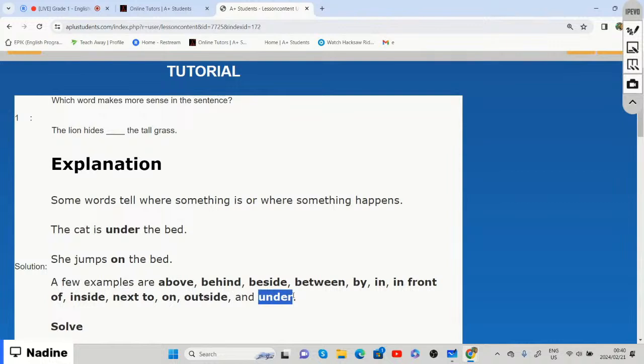We're going to use one of these words to complete our sentences, right? So we're going to choose a word which makes more sense within a sentence.